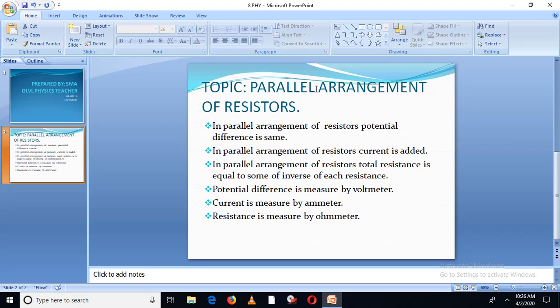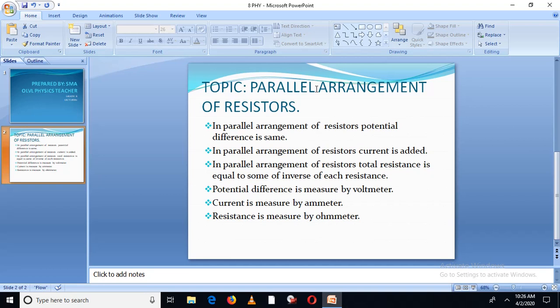The first bullet point says that in parallel arrangement of resistors, potential difference is the same. It means that if you include different resistors and they are arranged in a parallel fashion, the potential difference through each of the resistors remains the same.